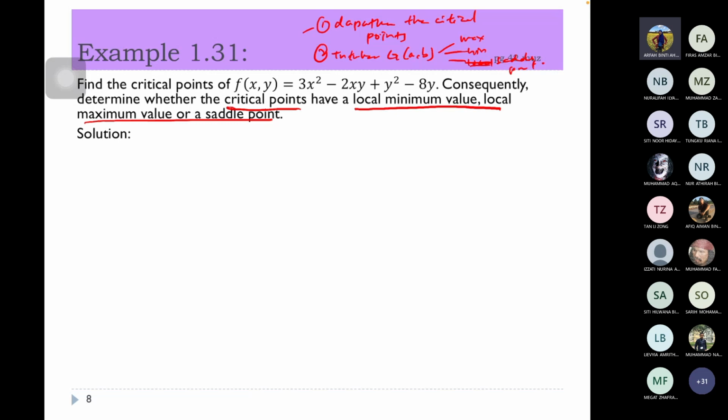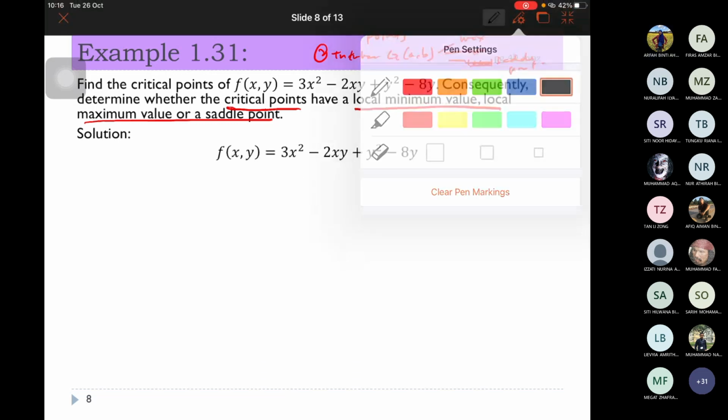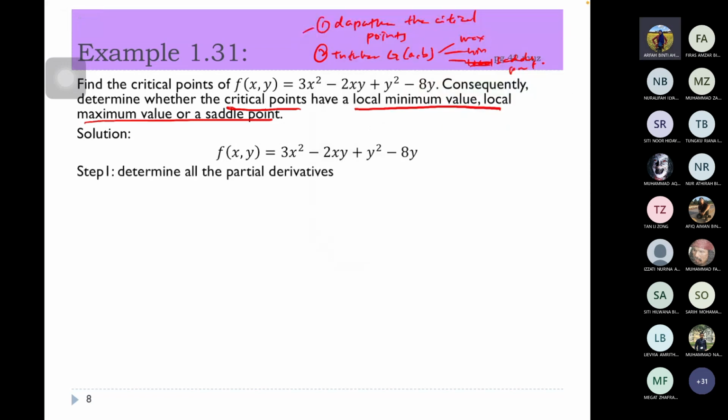So you were given the function. Okay. So you were given f(x,y) sama dengan 3x squared tolak 2xy tambah y squared tolak 8y. First, determine all the partial derivatives. Okay. f(x,y) sama dengan 3x squared tolak 2xy tambah y squared tolak 8y.